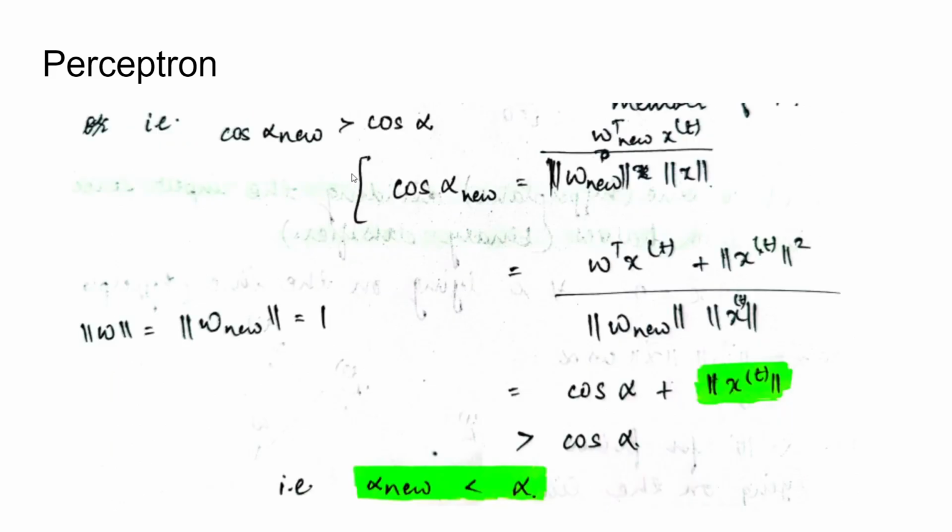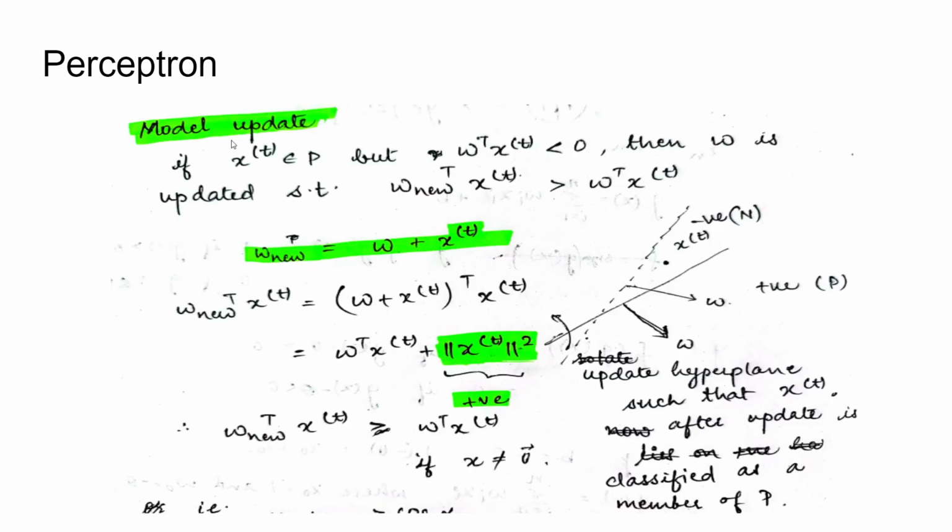So initially this was the angle between them. If you plot, this was the angle alpha, the angle between x and w, and the angle between w new and x, let's call it alpha new.